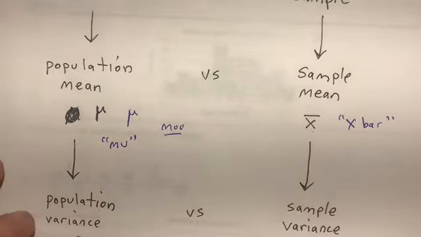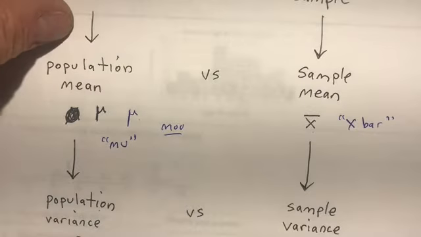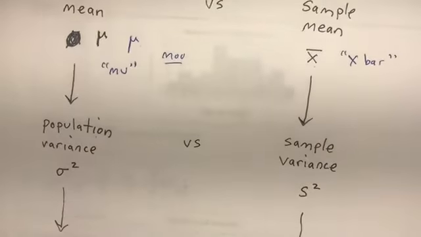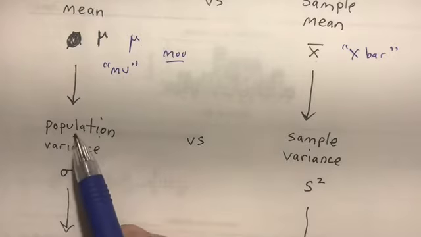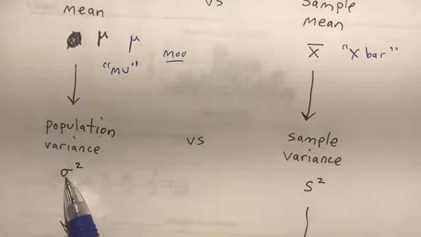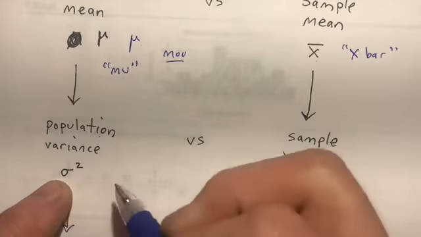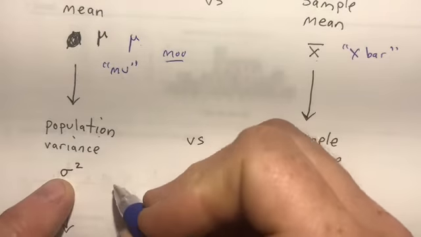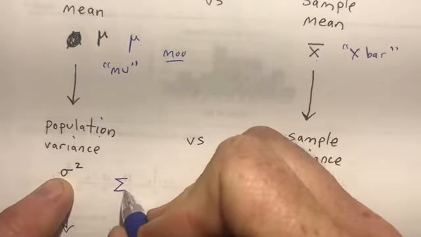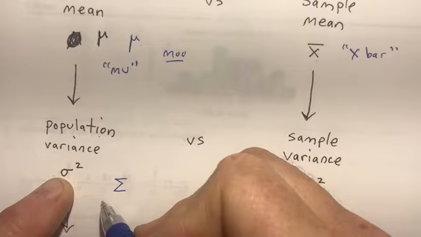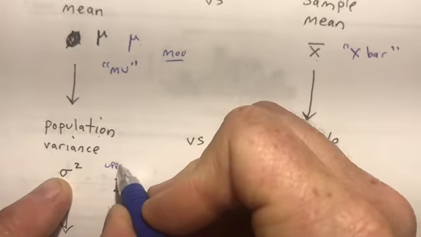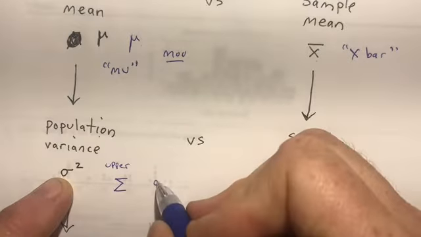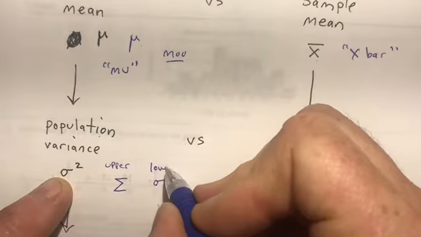When we calculate standard deviation, we first find the variance. All right, so we have a population variance, which uses the Greek letter sigma. Now we have a sigma like this, which is uppercase, and then we have a sigma like this, which is lowercase.